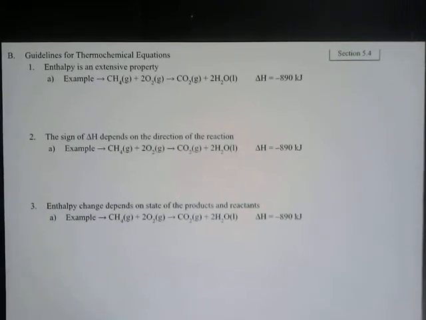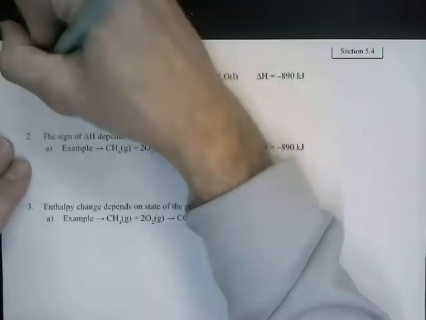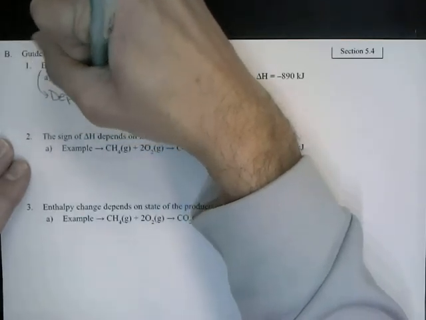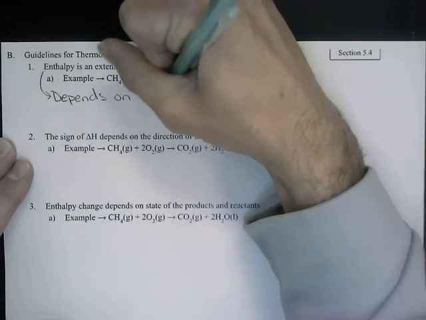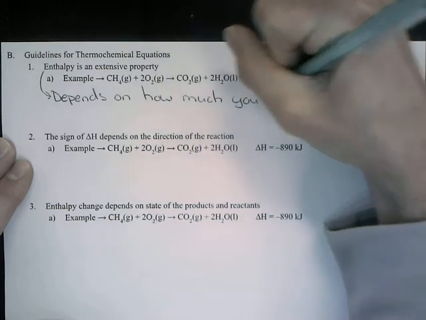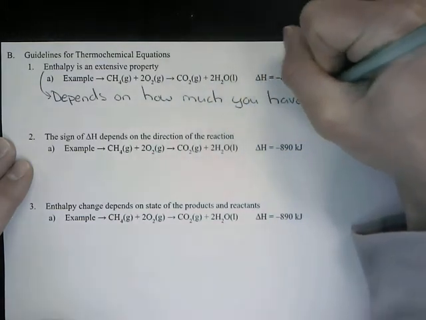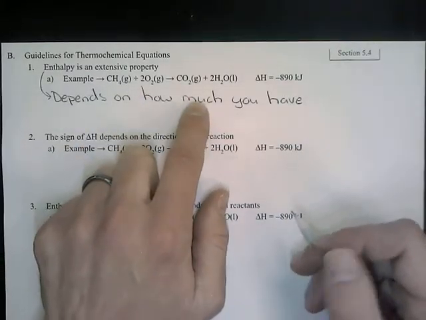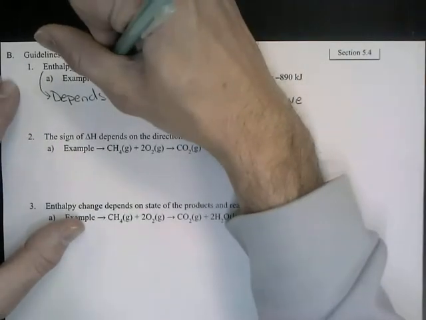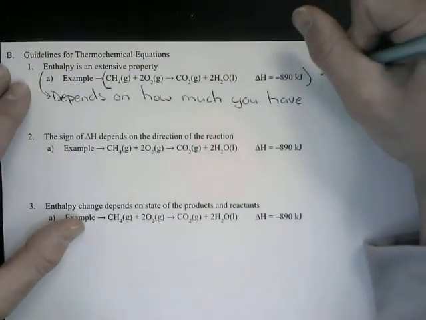So the first property of a thermochemical equation is that it is an extensive process. And so what that means is it's going to depend on how much you have. If we take the same equation and let's say we have double the amount of what we have listed here, I'm going to put this in parentheses and say times 2.